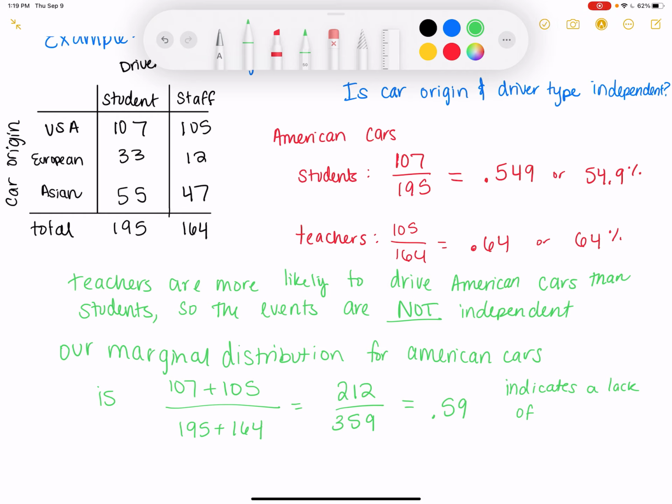Well, they would all kind of need to be equal. I'm trying to remember exactly if it's that they have to be 50% or if it's that they all have to be the exact same. Because this is obviously just for American.